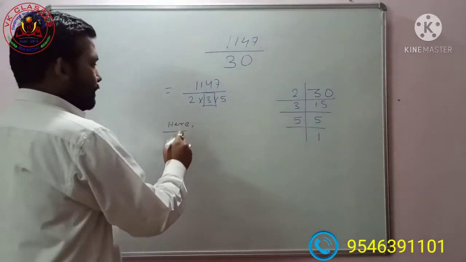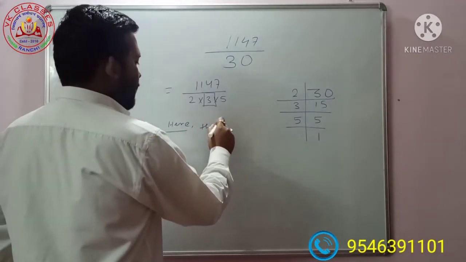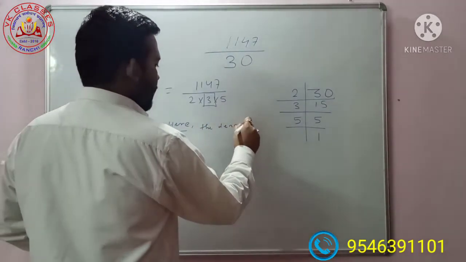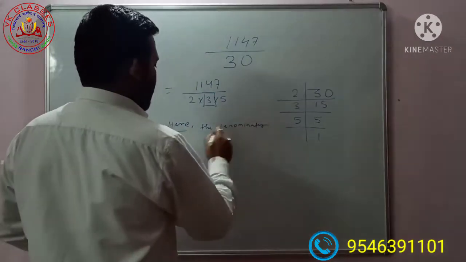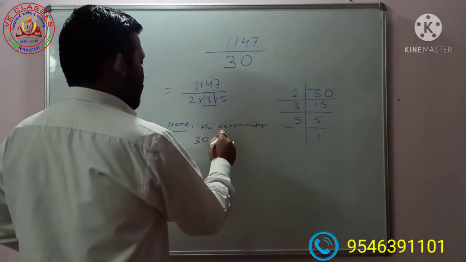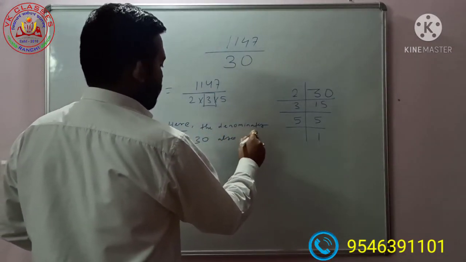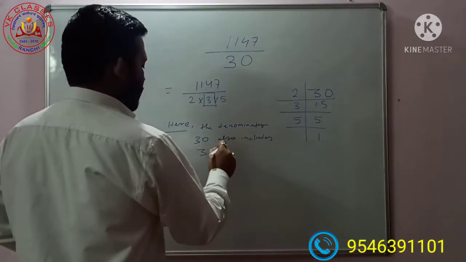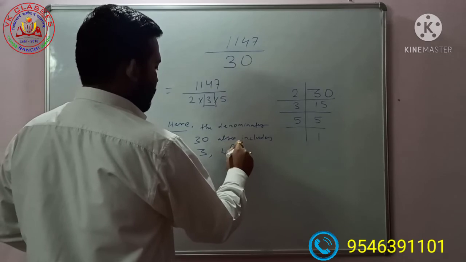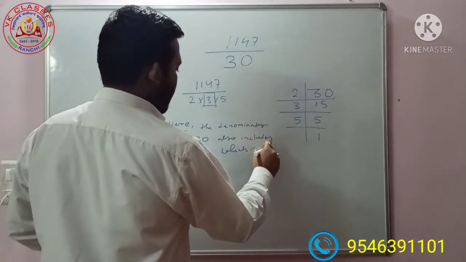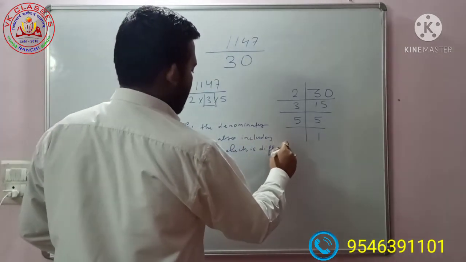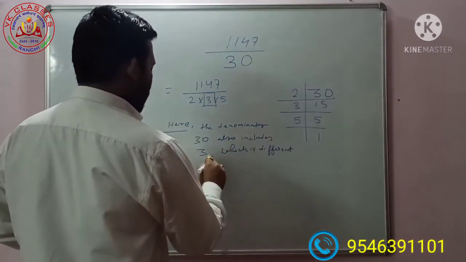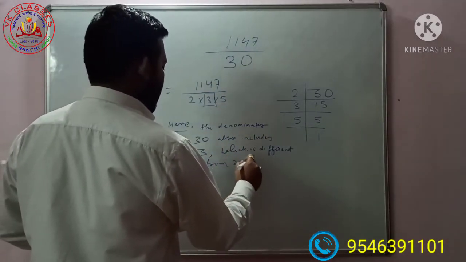So here the denominator 30 also includes 3, which is different from 2 and 5.